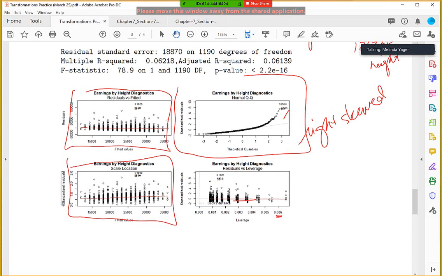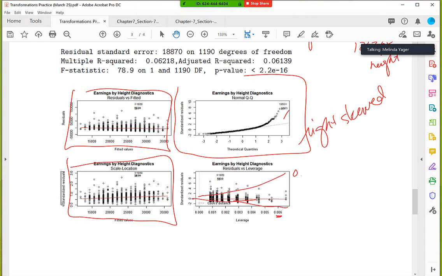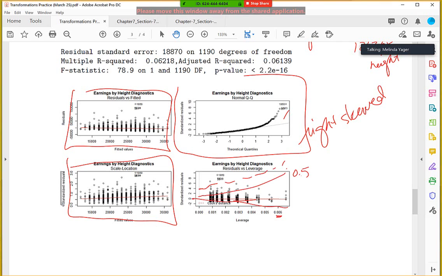So if you kind of remember that we would have to see kind of these red lines in the Cook's distance, and they're labeled as like 0.5 or 1. We had another one out here of 1. And if we have values outside of those, then we would call those influential points. Yeah, it's not showing any Cook's distance. Correct. Okay.